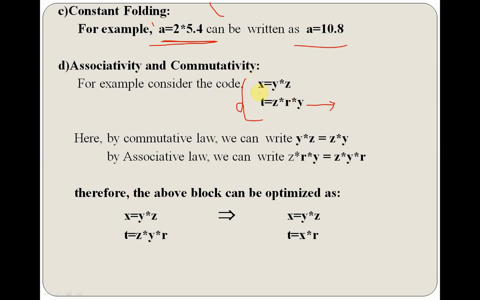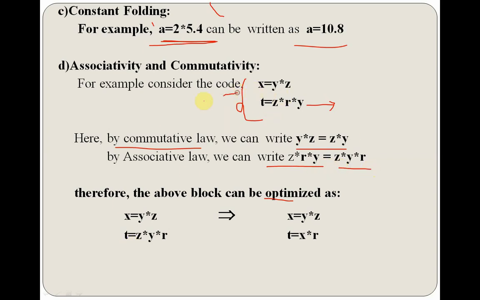How is this done? By commutative law we can write y into z equal to z into y. Similarly, by associative law we can write z into r into y equal to z into y into r. So I am going to apply those.